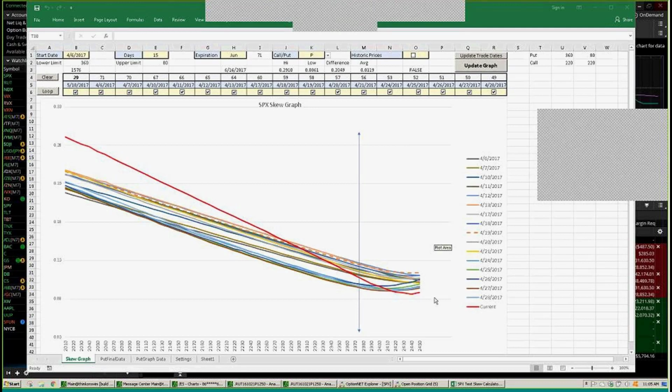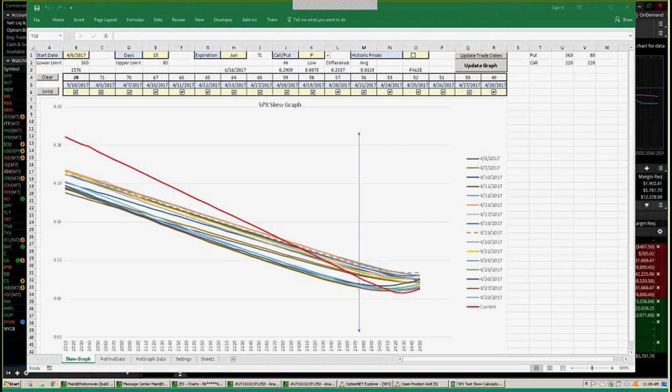Paul, some people may not have seen this before, so would you just explain real quick what we're looking at? Sure. Basically this compares the skew curve to the past. Right now I have the data downloaded to April 28th, and it looks at the previous 15 trading days, so we're looking from April 6th to the 28th for the historic data.